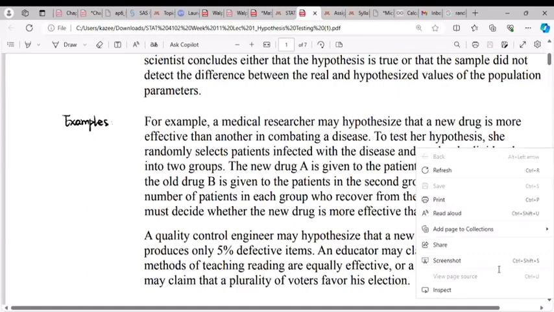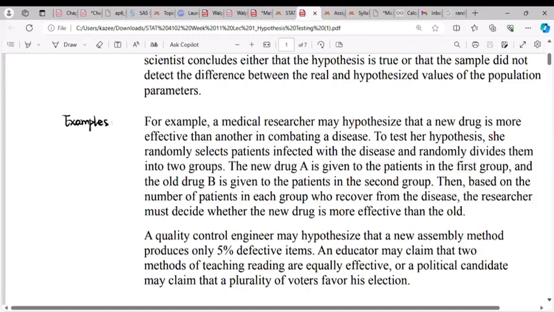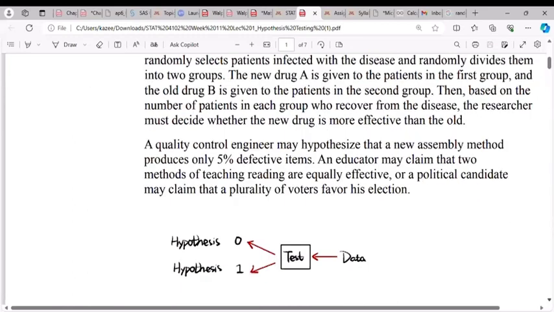Another example is when a quality control engineer may hypothesize that a new assembly method produces only 5% defective. Of course, we cannot rule out defectives in any production process. They are there because of the natural variation inherent in any activity.